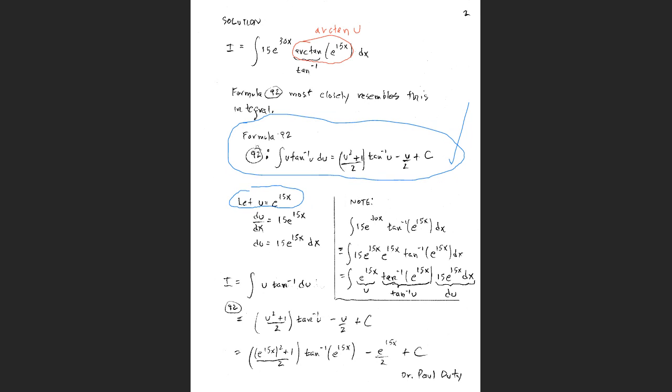What's left is this 15e to the 30x and this dx. Let's get those in terms of u. Since u equals e to the 15x power, du is 15 times e to the 15x dx.